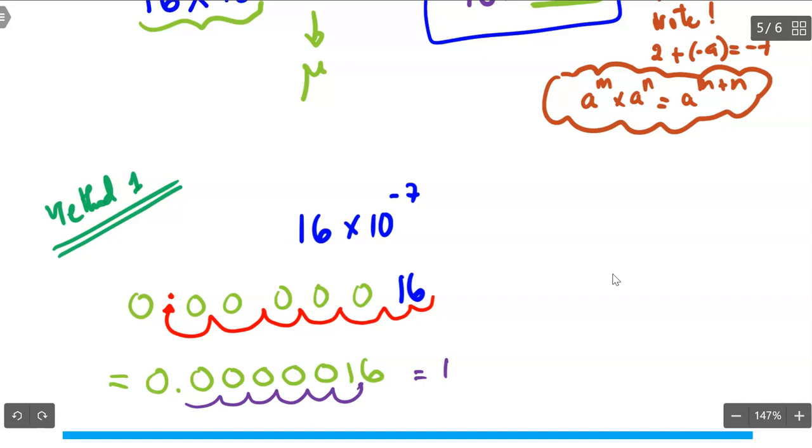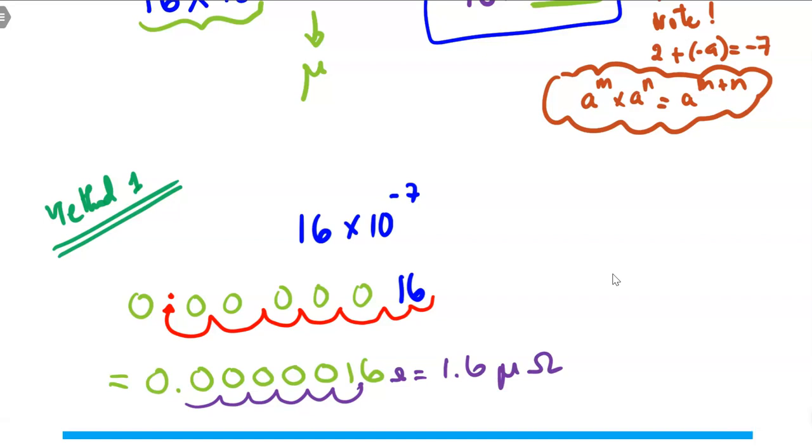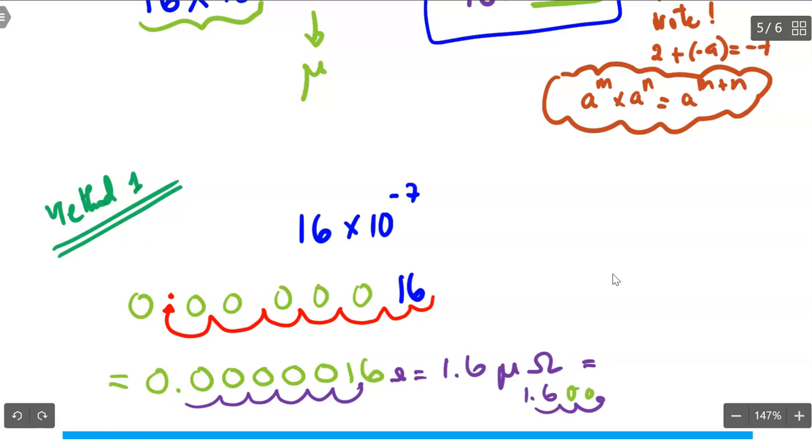That's why I have 1.6 micro ohms. And then you can go from micro ohms to nano. So from 1.6, you are going 1, 2, 3, so you are adding 2 more 0s, so it will be 1600 nano ohm.